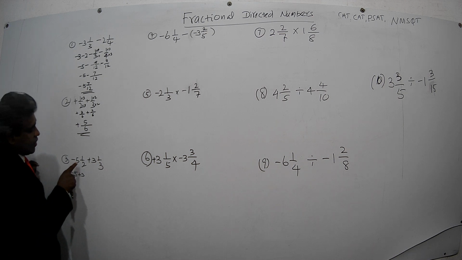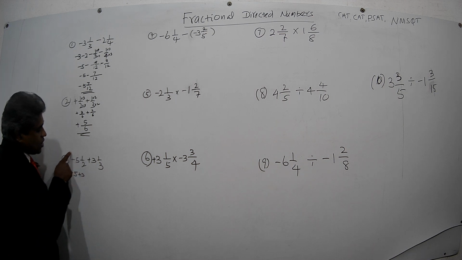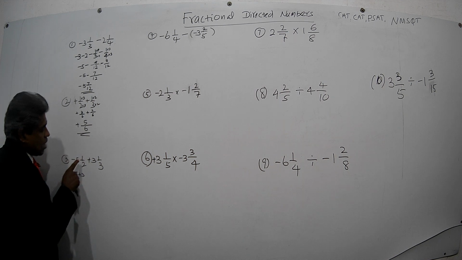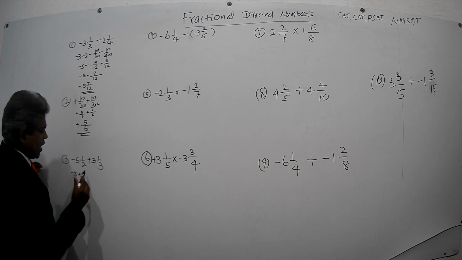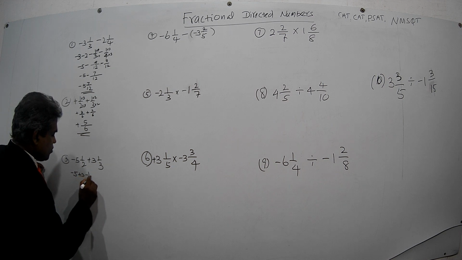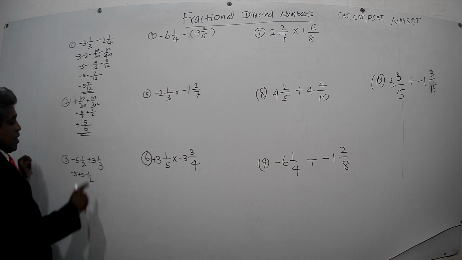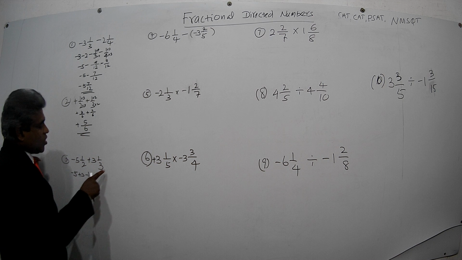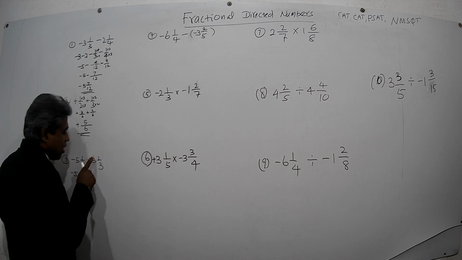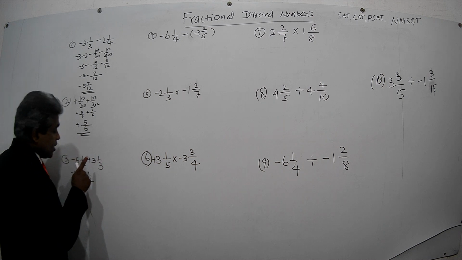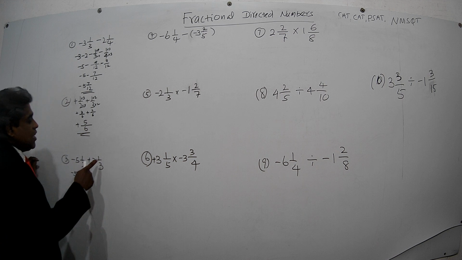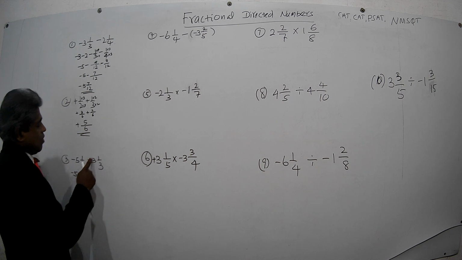Then here there is another fractional part of this whole. This negative sign is for this whole minus 5 and a half. 5 is negative, therefore the half is also negative. Write negative half. Now the whole of this fraction is 3 and 1 over 3, which is a positive fraction.